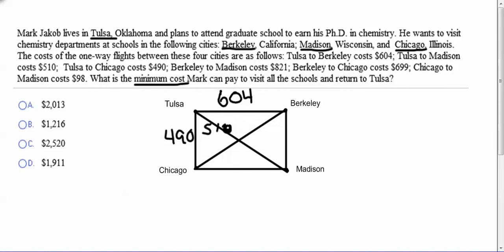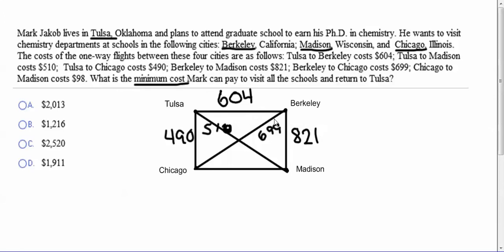From Berkeley to Madison is very expensive. I guess that's from California to Wisconsin, 821. From Berkeley to Chicago, 699. You notice it doesn't matter where you put the vertices in your visual graph.